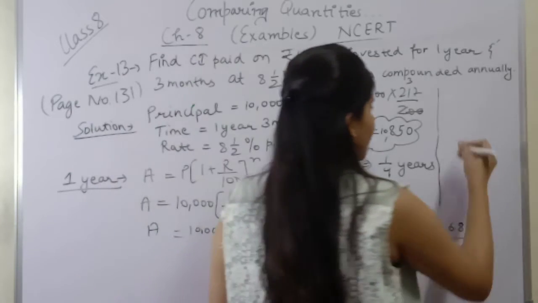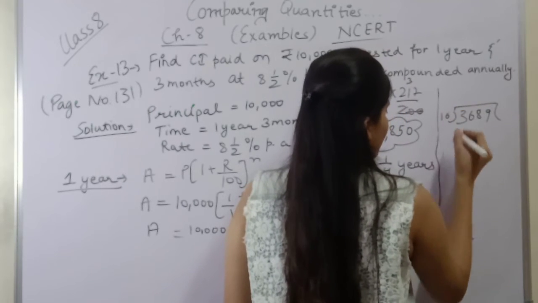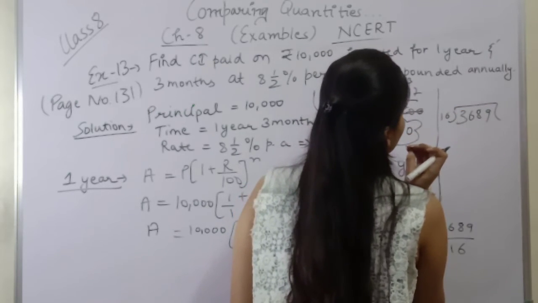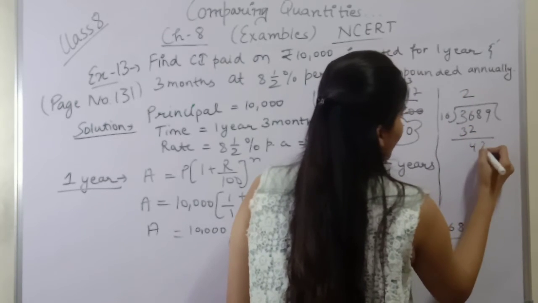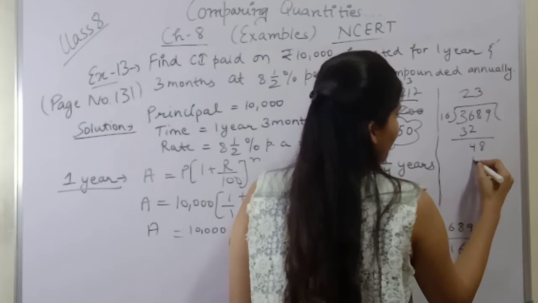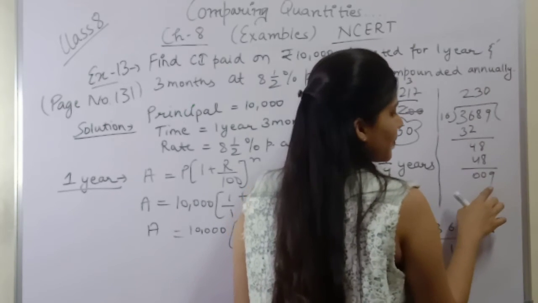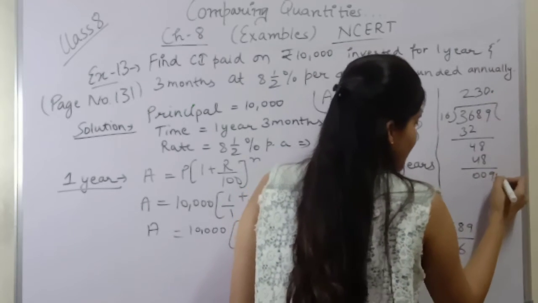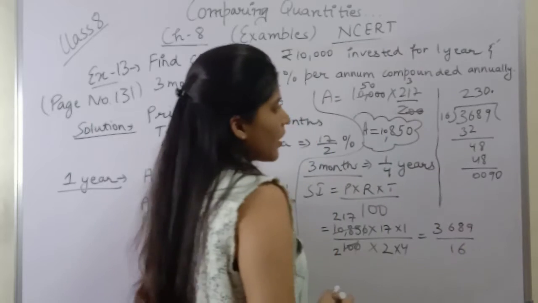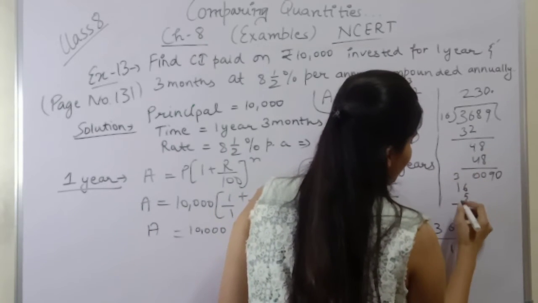3689 divided by 16. 16 2s are 32. We have 48. Now 16 3s are 48. We have 9. एक जीरो लगेगा because 9 is not divisible by 16. अब हम पॉइंट लगाएंगे और जीरो लगा लेंगे. ठीक है. So now 16 5s करते हैं. 5 6 are 30. 5 1s are 5 6 7 8.